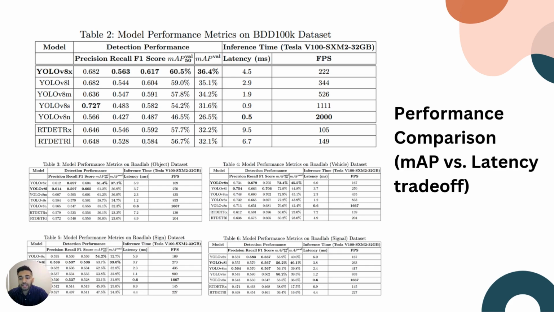For the RoadLab sign dataset, YOLOv8 achieves 33% at 5.9 milliseconds, whereas RT-DETR-X achieves 25% mAP at 6.9 milliseconds. And for the signal dataset, YOLOv8 excels with a 40.1 mAP at 6 millisecond latency, but RT-DETRs only achieve 17.5% mAP at 6.9 milliseconds. So in all the datasets, it's clear that at least in the comparison of mAP versus latency trade-off, YOLOv8 is still better than RT-DETR.